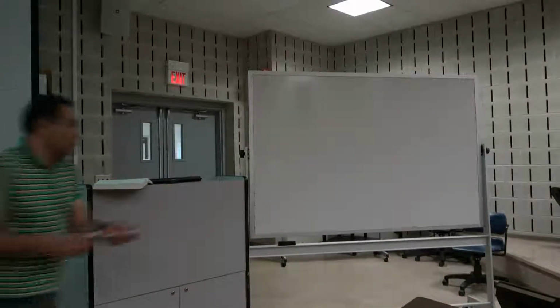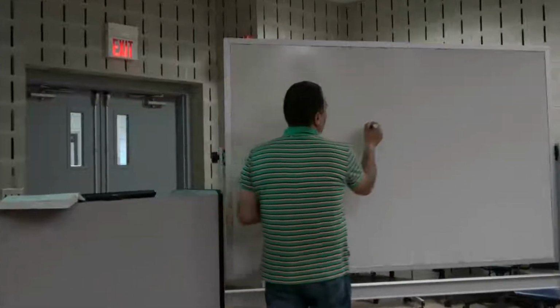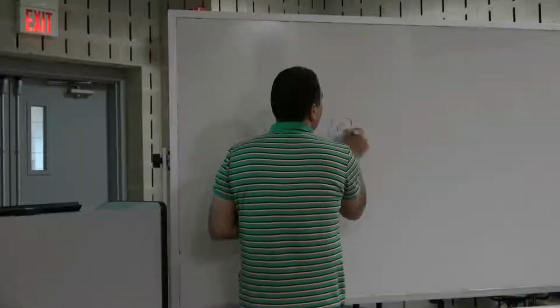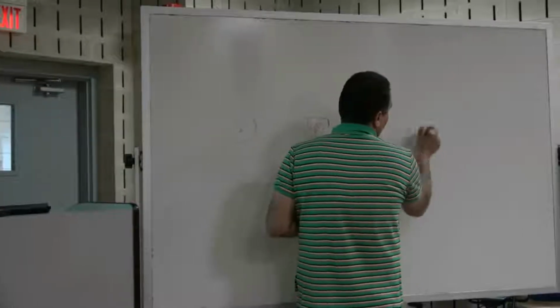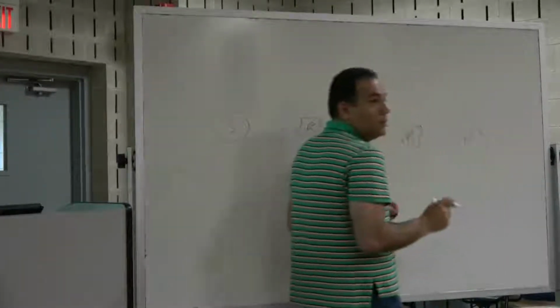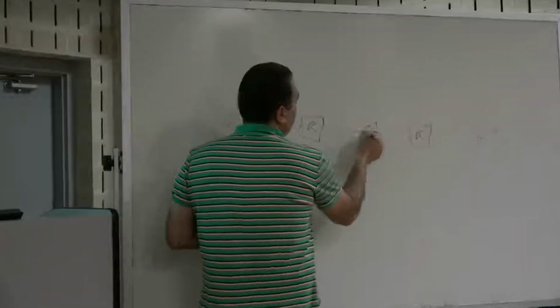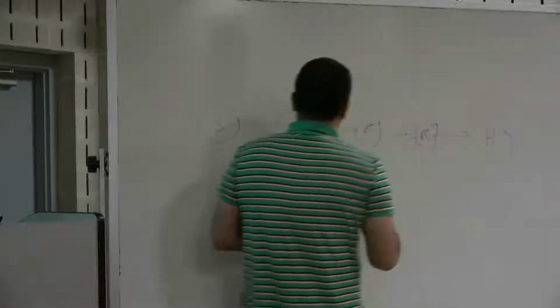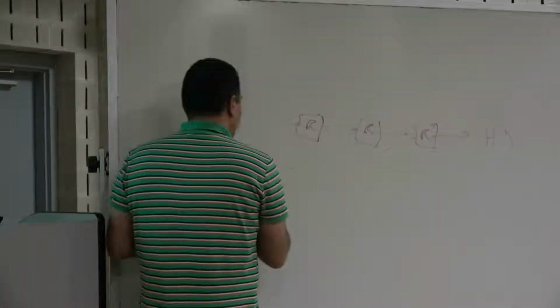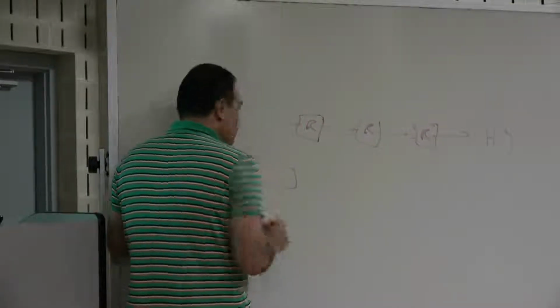So when we have, for example, a source here, it goes to a router, then it goes to another router, let's say a third router, and then goes to the host. So the packet, when it moves from here to here, has a source address and destination address.